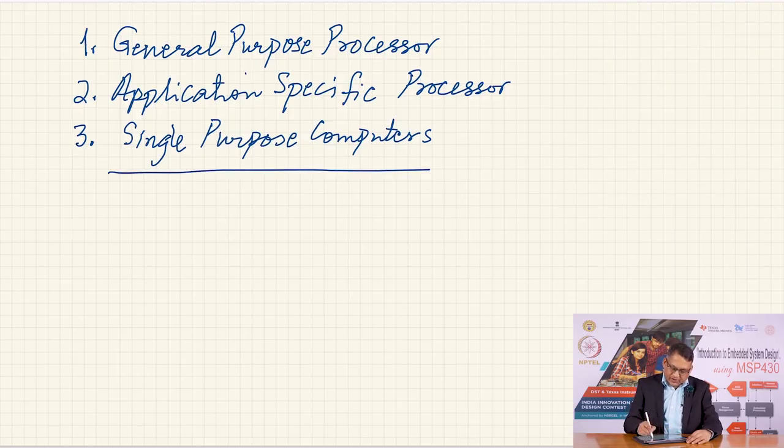Usually these single purpose computers are implemented using digital logic, and it follows a paradigm which we also showed applies to the general purpose processor as well as the application specific processor. That paradigm included two building blocks: the sequencer or the controller, and the data path.